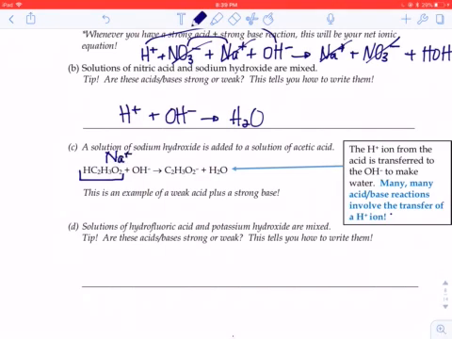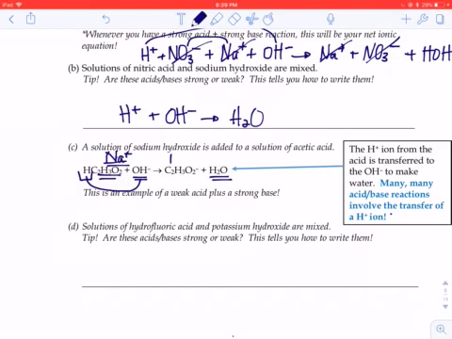The H from your acetic acid goes with the OH to make this water. And then this sodium ion goes with this acetate ion to make sodium acetate.